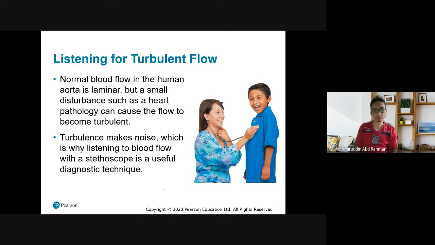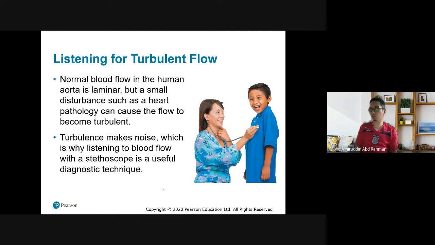Actually, the doctor is listening to the blood flow entering our heart. That's the usage of the stethoscope, to listen to the blood flow.